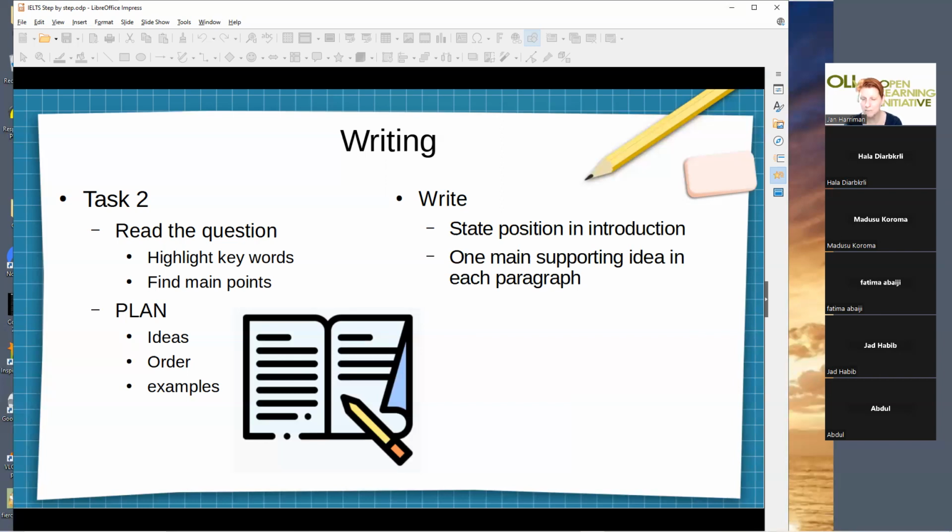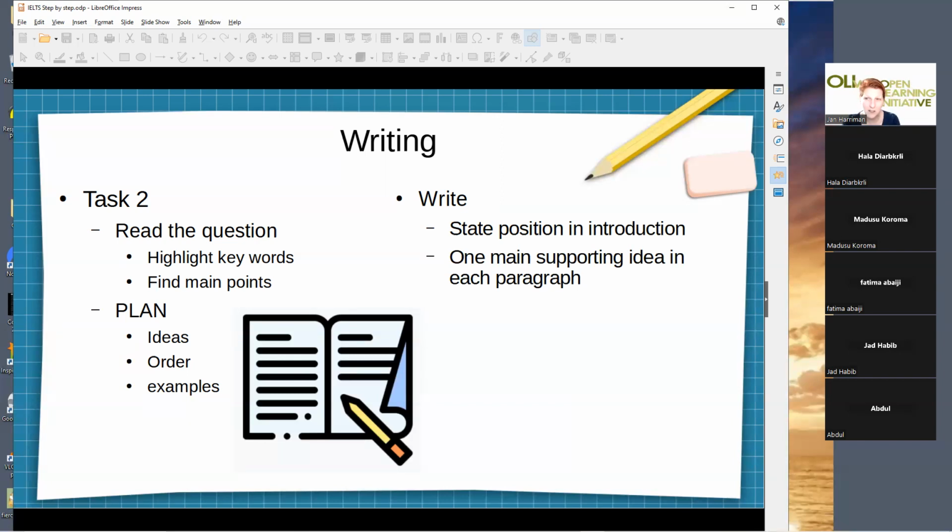There are some IELTS prep teachers who will say that you put it in the conclusion. That's crazy. If you run out of time, you haven't given an opinion. And the whole point is to give the opinion and support it. Well, how can you support it if you haven't told people what it is? So put your opinion in that introduction so that all of your paragraphs can be linked to it.